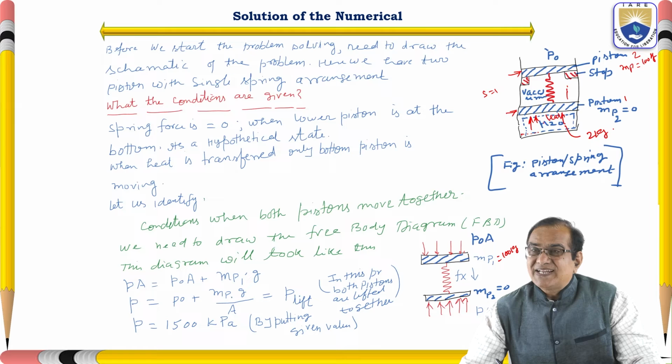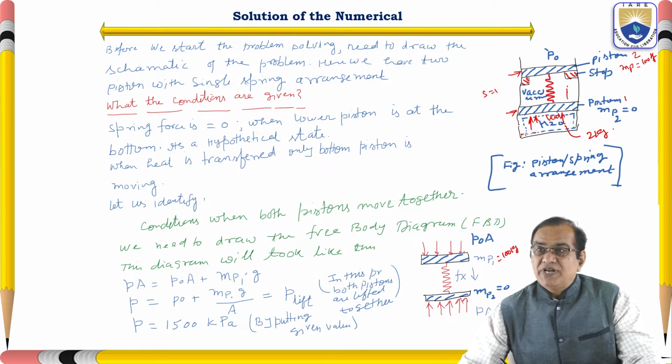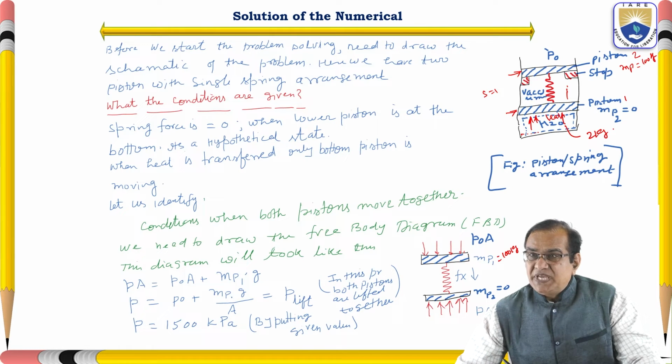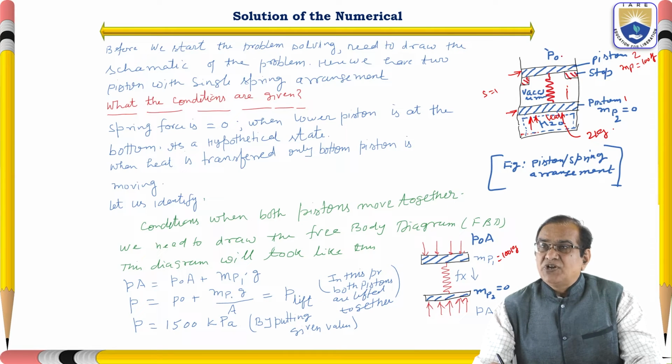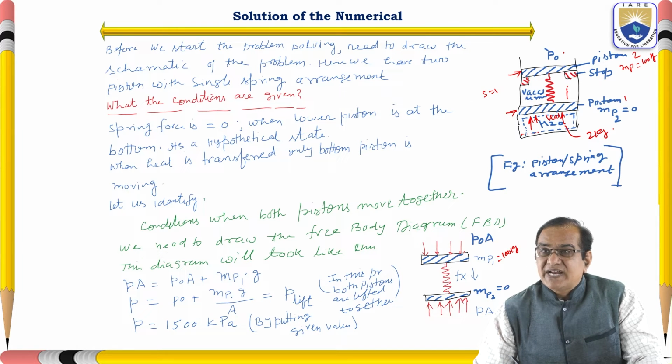From here this water is giving the pressure, so it is pressure P into A, and from the top it is atmospheric, P0 into A, and here we have MP1 acting downwards. MP2 is massless, so there is no use of putting it here. Fx is also downwards because it is trying to push down.